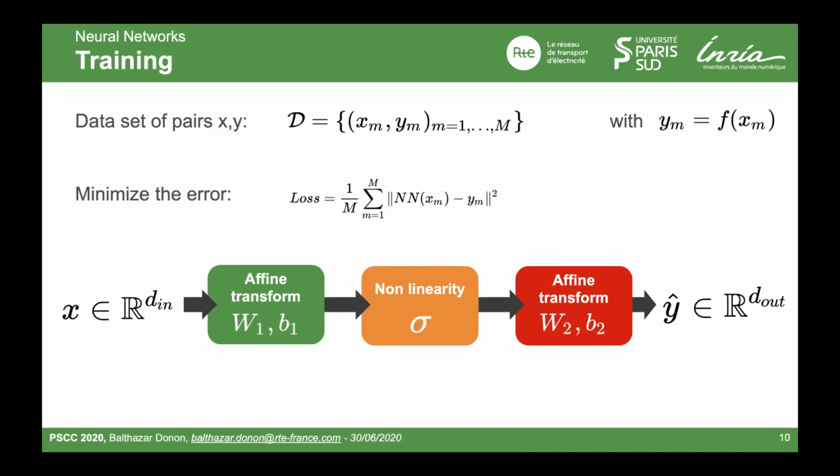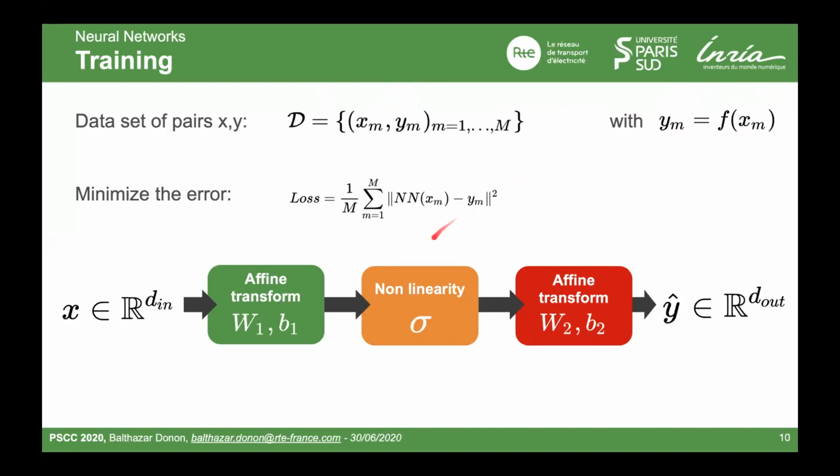So how do you do that? You need a data set, which is basically a set of pairs of x's and y's, where m denotes the sample index. And you have to respect the following relationship between y and x, so that y_m is equal to f of x_m. During training, you will try to minimize the error, which is the mean distance between your predictions and the ground truth.